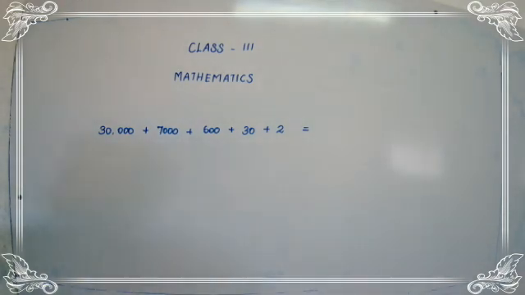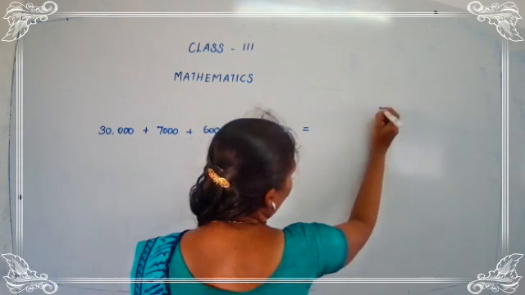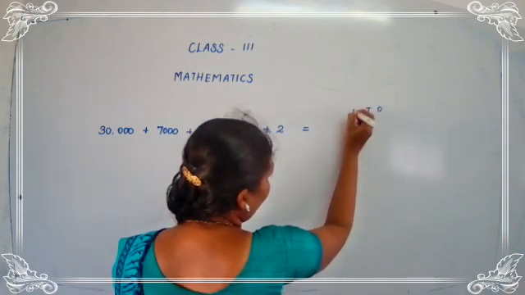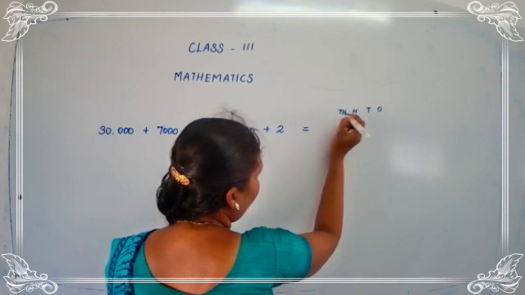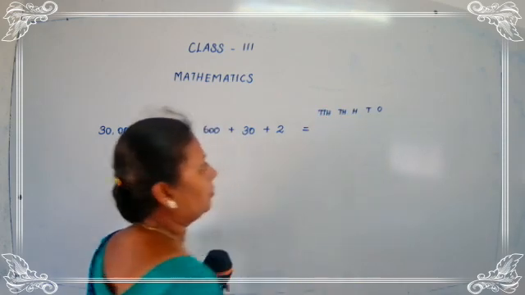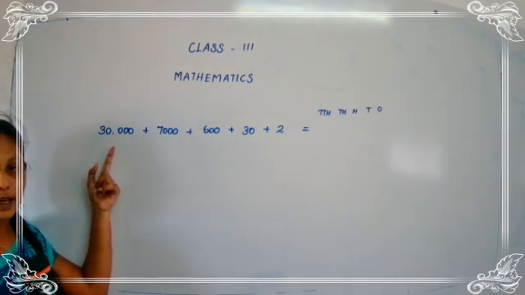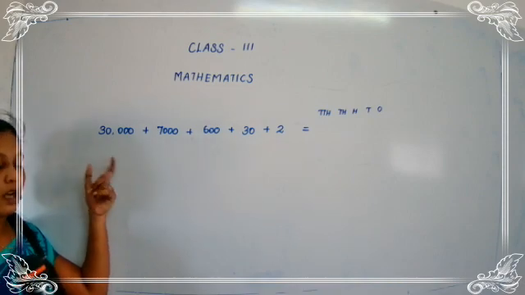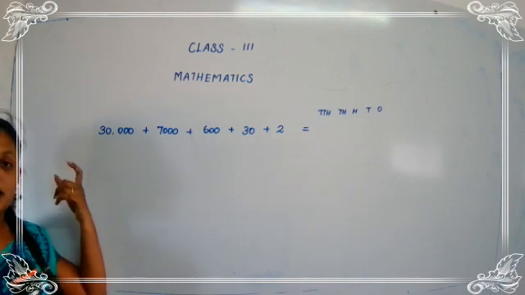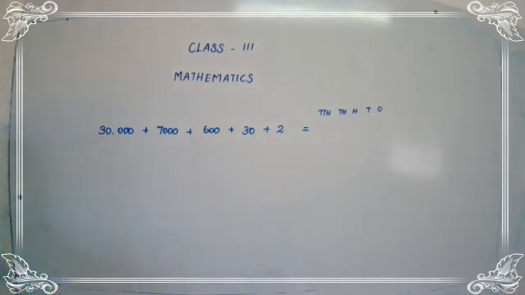the short form. First you should write the periods: ones, tens, hundreds, thousands and ten thousands. Now you see here, what is this number? 30,000. 30,000 means 3 is in the 10,000 place. 3 multiplied by 10,000 is equal to 30,000.